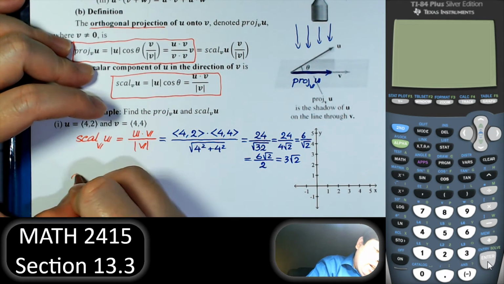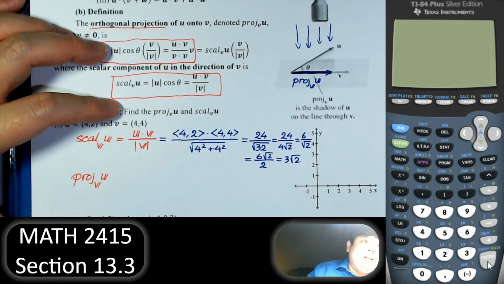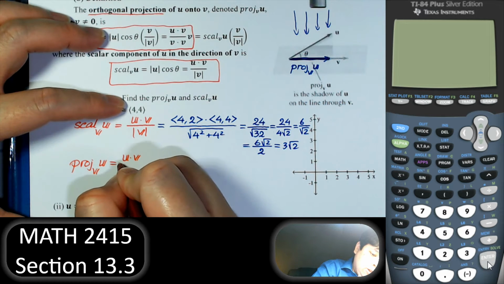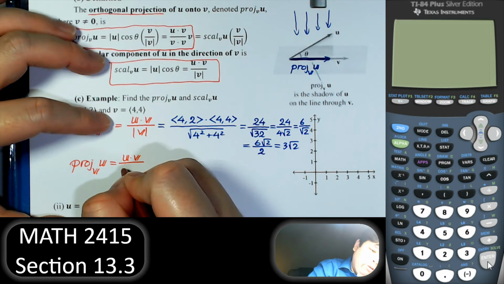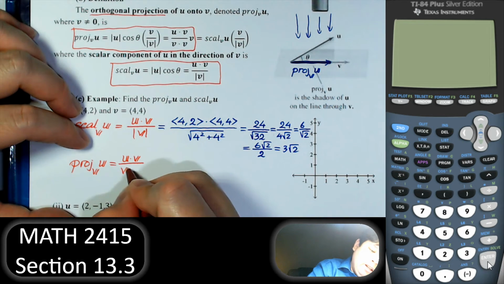Next, the projection of u onto v is the dot product over the dot product of v and v.